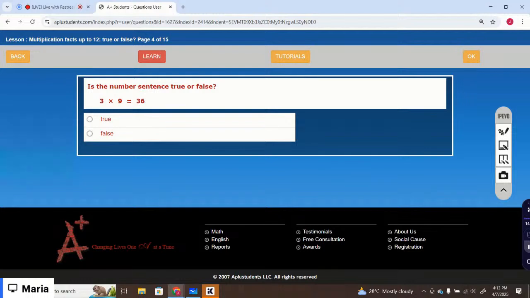Is the number sentence true or false? 3 times 9 is 36. Is it true or false?